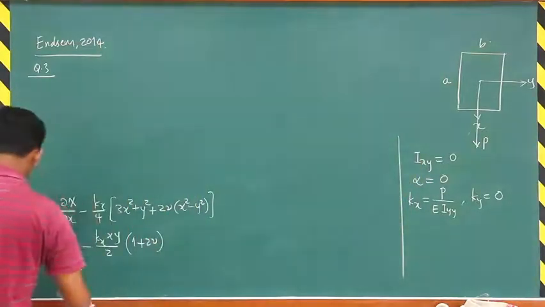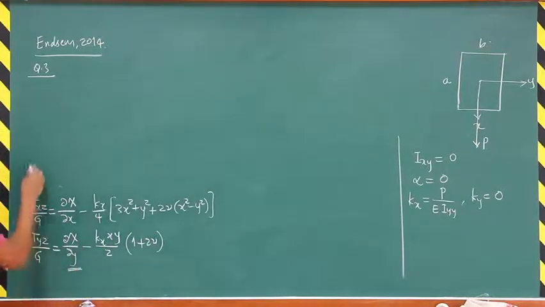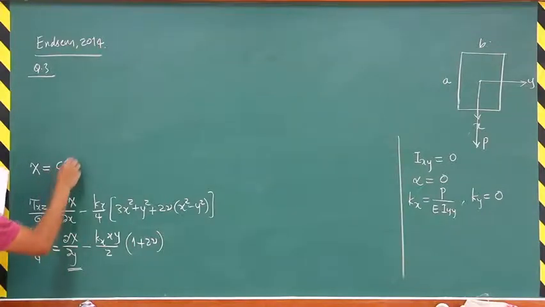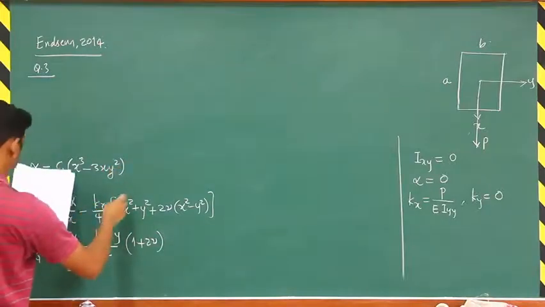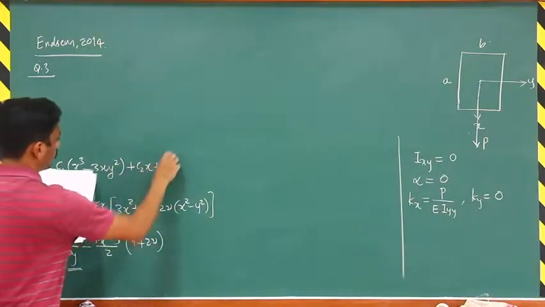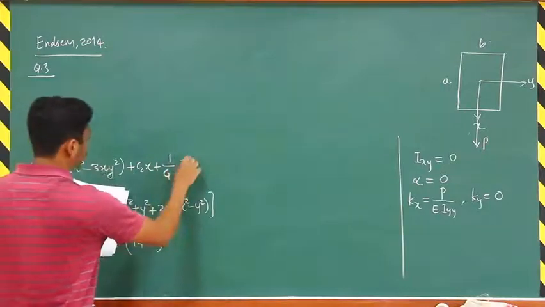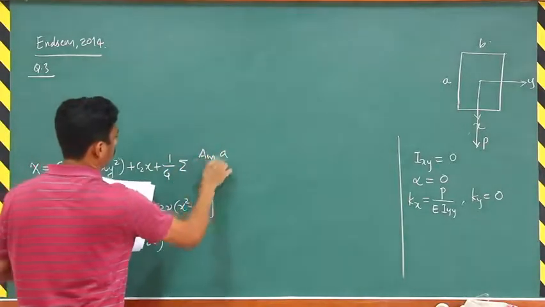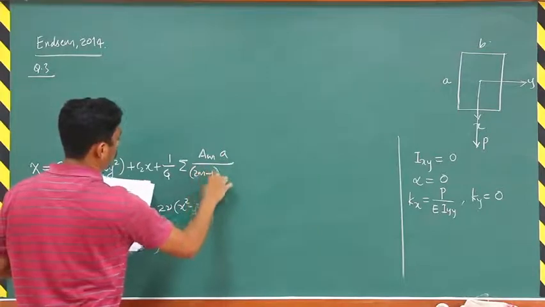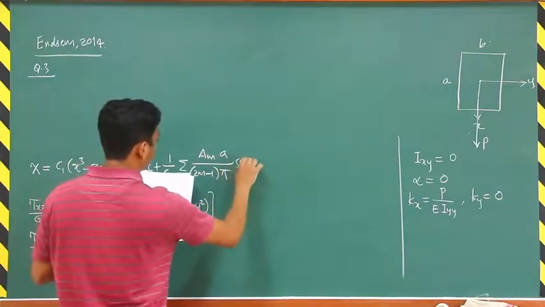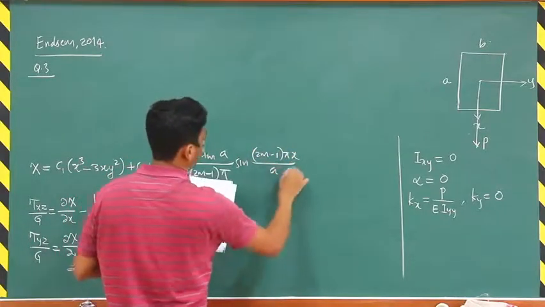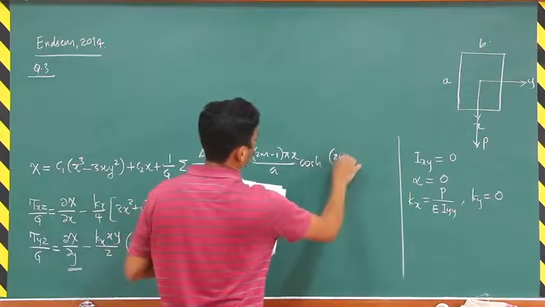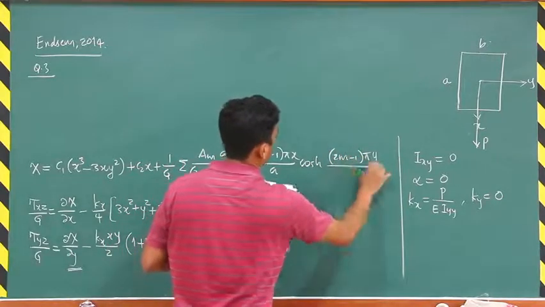This chi is c1 (x cube minus 3xy square) plus c2 x plus 1 over G summation of a upon (2m minus 1), sine of (2m minus 1) pi x upon a, cos hyperbolic of (2m minus 1) pi y upon a.